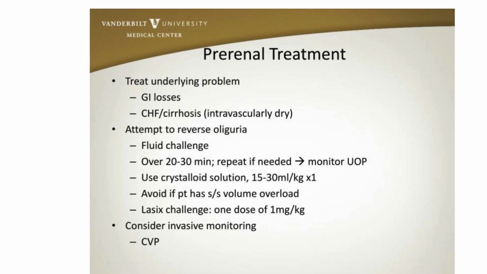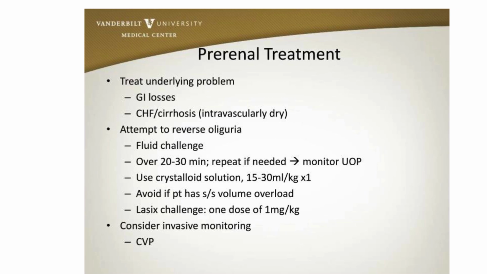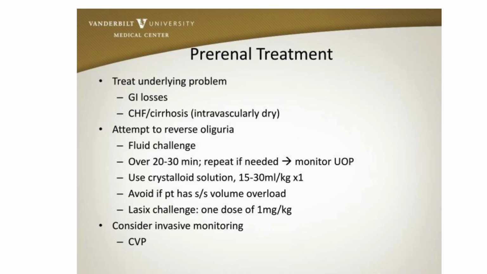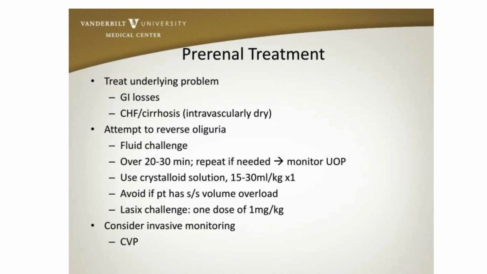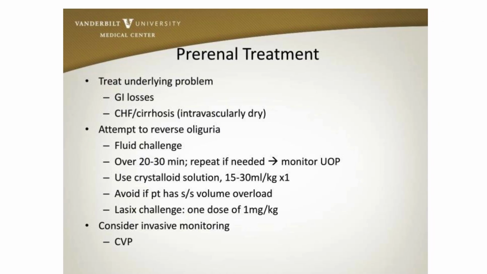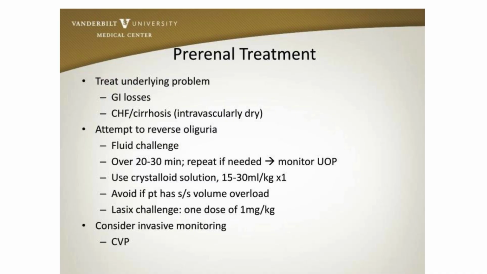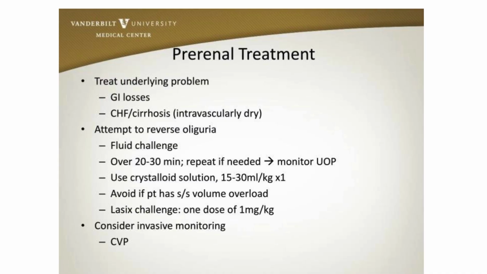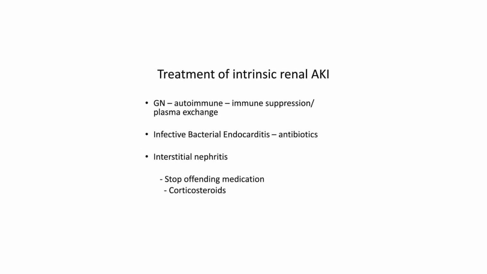There's also restore perfusion with IV fluids in pre-renal acute kidney injury, discontinue nephrotoxic agents, relieve obstruction in post-renal acute kidney injury, catheterization, manage electrolytes and acid-base imbalances. Dialysis may be required for severe or refractory cases.